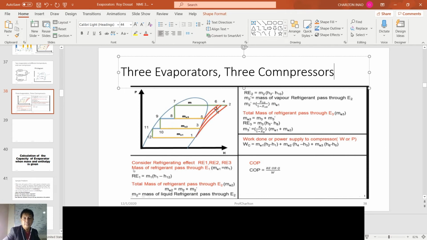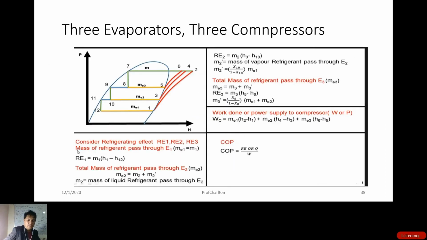Where are those? Here are the 3 evaporators, and the formula is also there. Last week we already considered 2 evaporators and 1 compressor, and we already have those calculations. I already forwarded the PowerPoint to you.